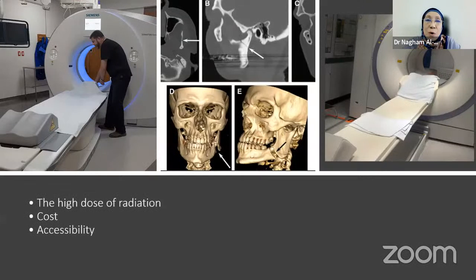The reason for limited use of CT in dentistry was a few limiting factors. First, the high doses of radiation, and the cost, and accessibility. If you need a CT scan for a patient, you have to send the patient to a hospital, and mostly the scan will not be on the same day. The patient needs to take an appointment.